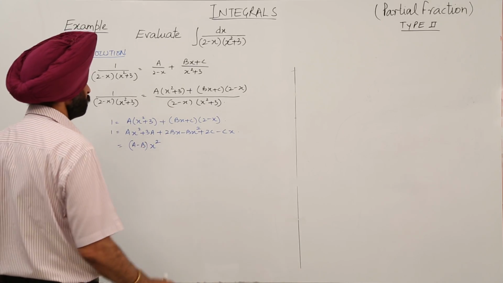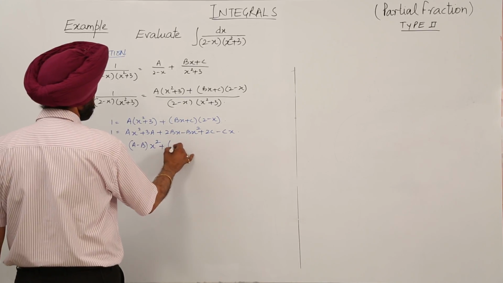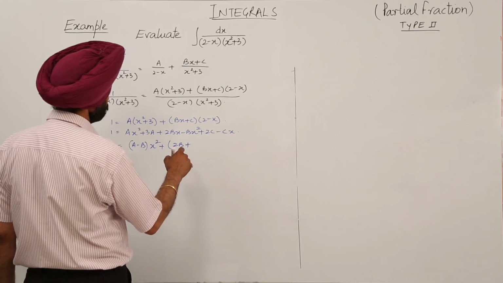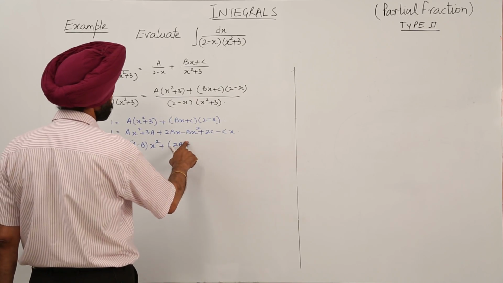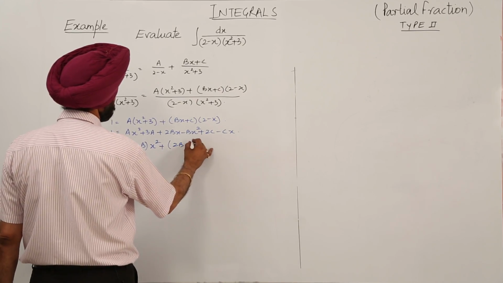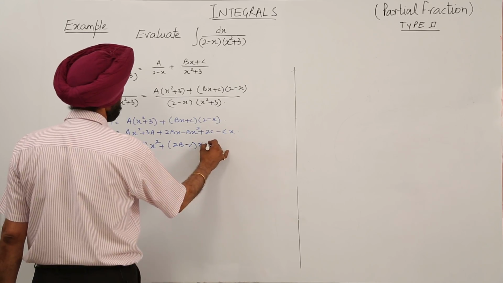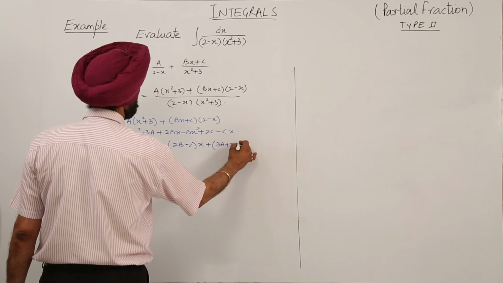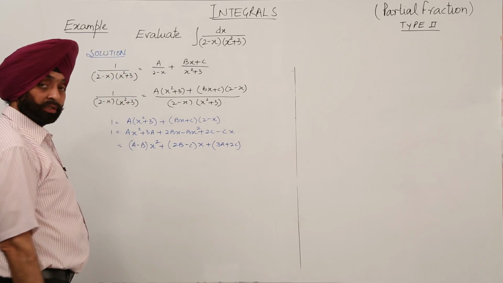Then for x we are having plus 2bx minus cx, (2b minus c) with x, plus 3a plus 2c. Is it clear?